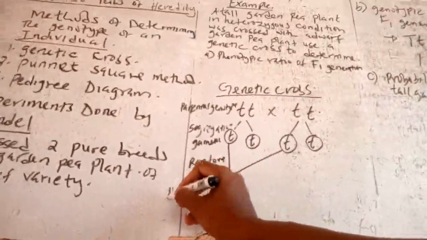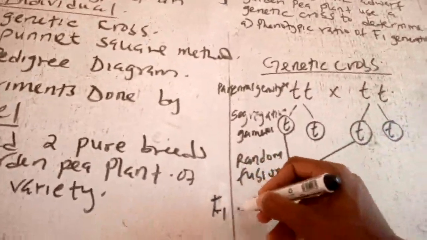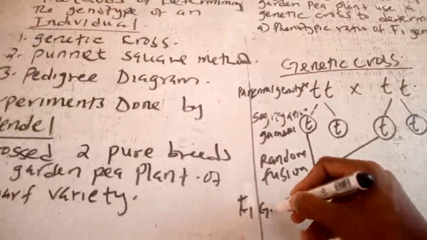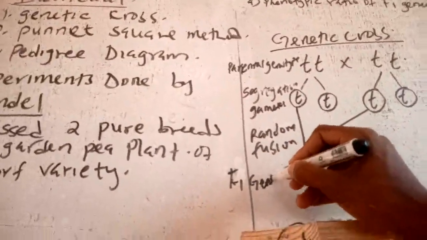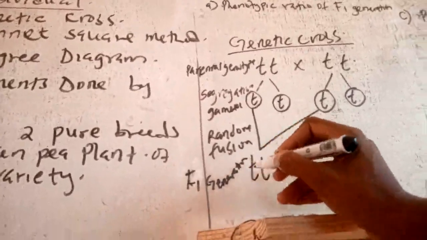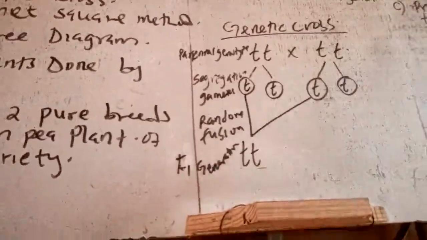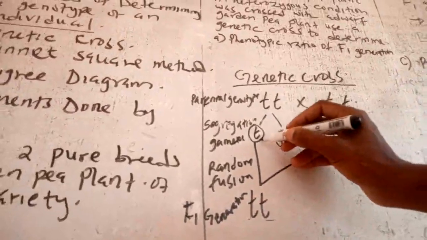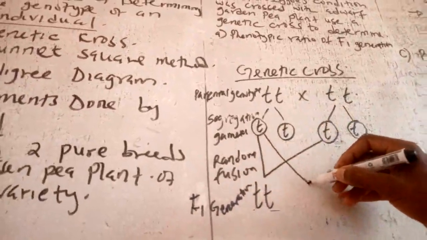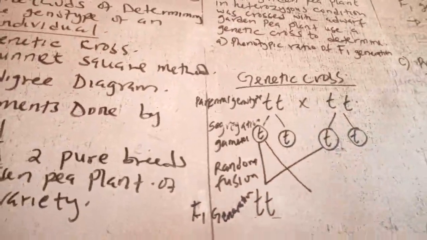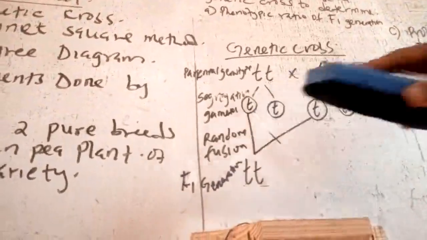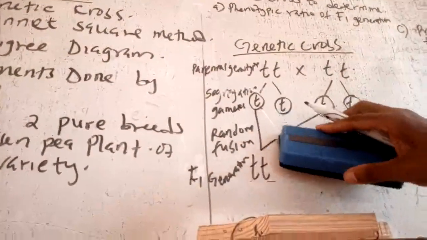And this is random fusion, and this is the F1 generation. The F1 generation is represented by the results there. Then this one may also have been crossed with another, because it is random fusion.